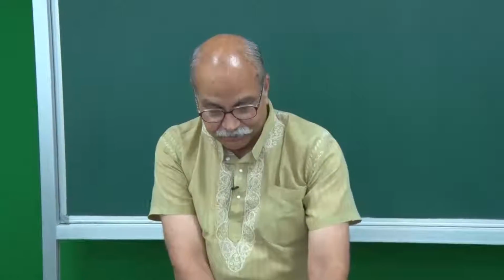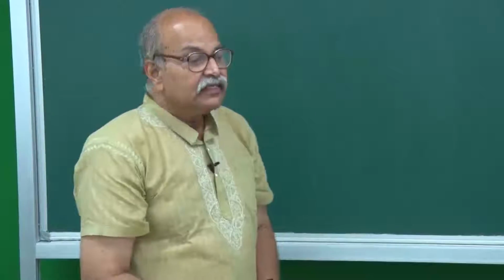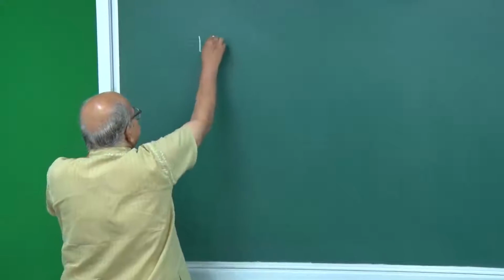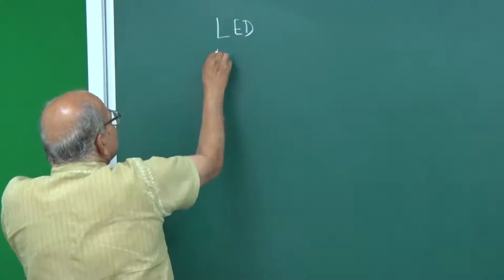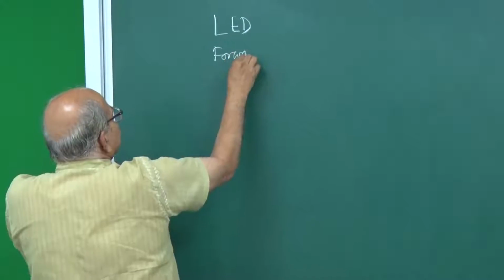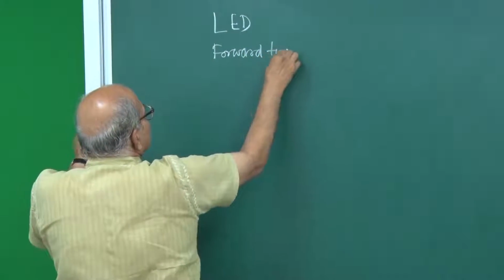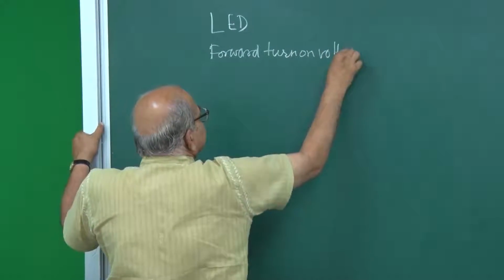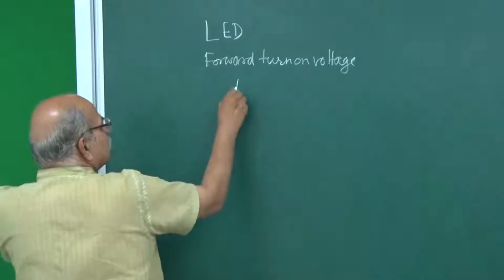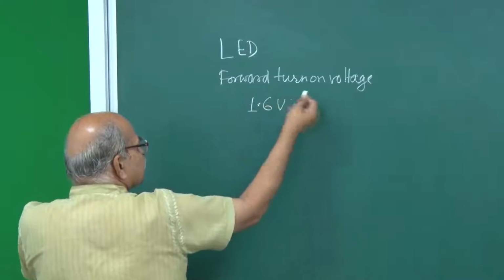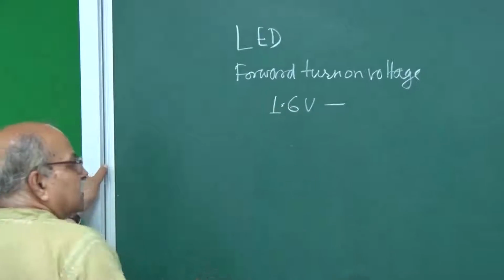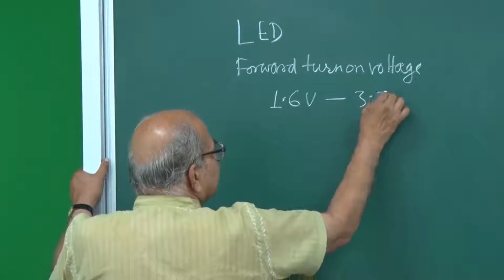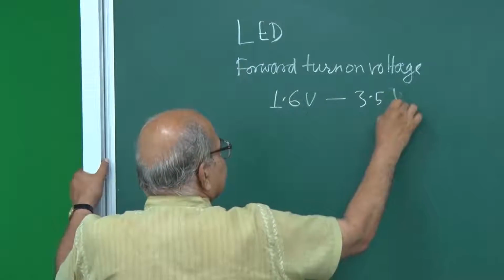So typically these LEDs, the forward turn on voltage is, depending on the color, it could be somewhere say 1.6 volt for the longer wavelength, and maybe some 3.5 volts for the shorter wavelengths.